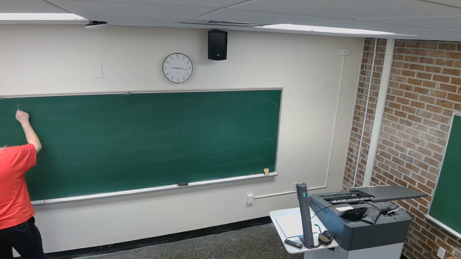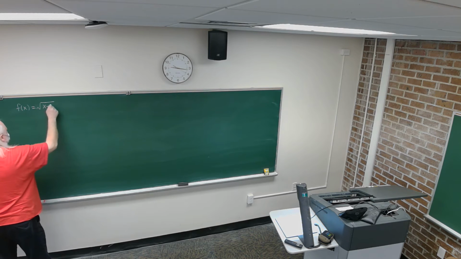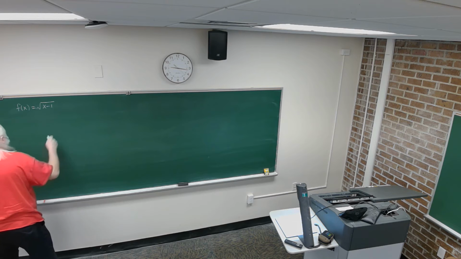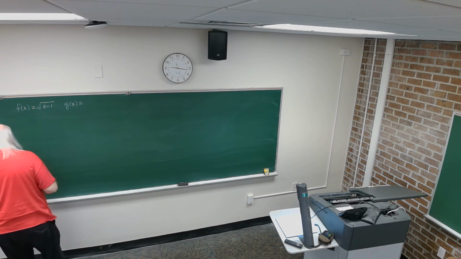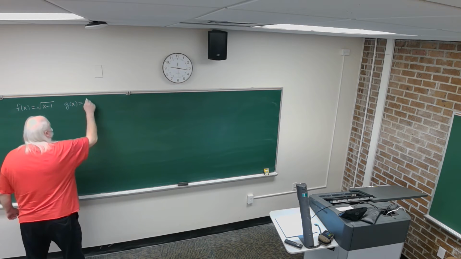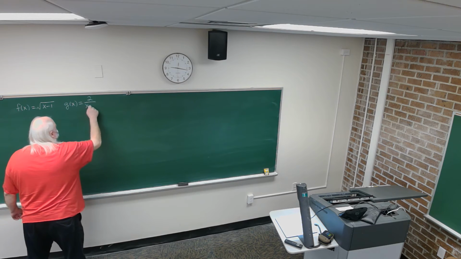So f of x is equal to square root of x minus 1 and g of x is equal to 2 over x minus 3.